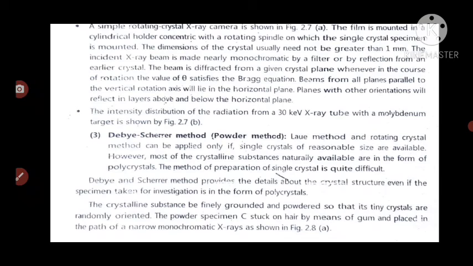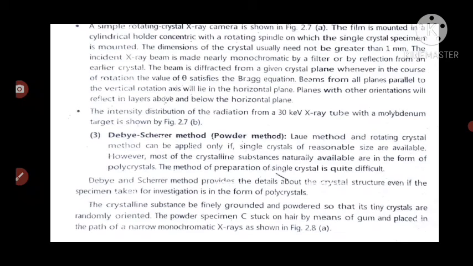So this is the idea about the rotating crystal method, in which a single crystal is rotated about a fixed axis, and how its instrument works, as shown above.